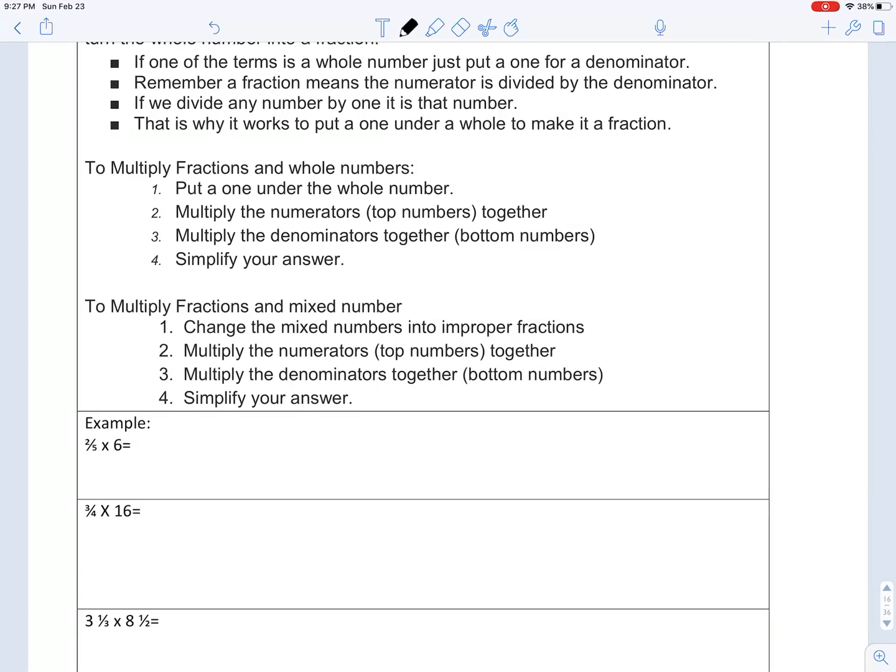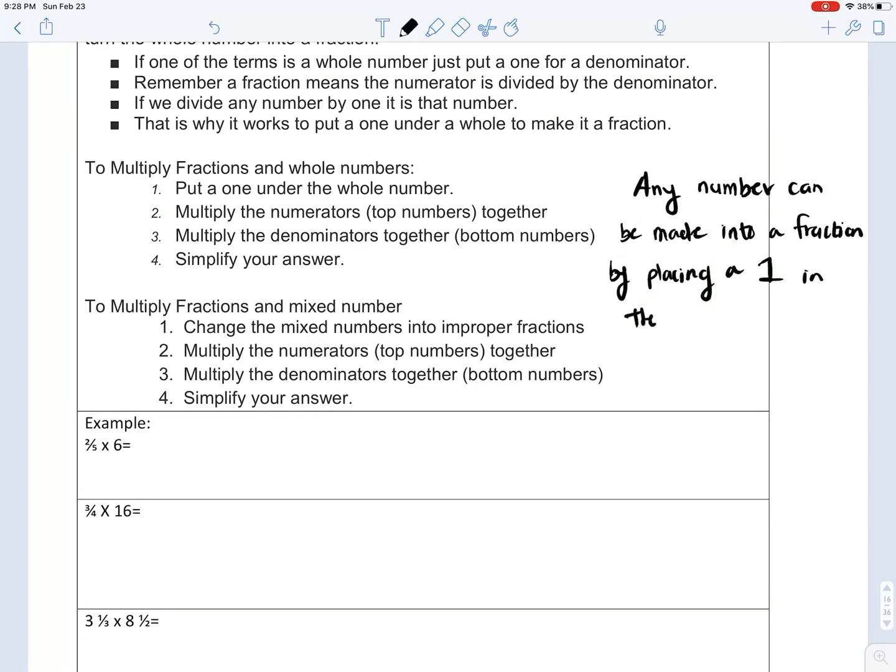Okay, and whole numbers are special because they can always be rewritten as fractions, and there's this whole thing called invisible numbers or invisible mathematics, and basically there are a bunch of different examples here, but this is one of the main ones, that any number can be made into a fraction by placing a 1 in the denominator.